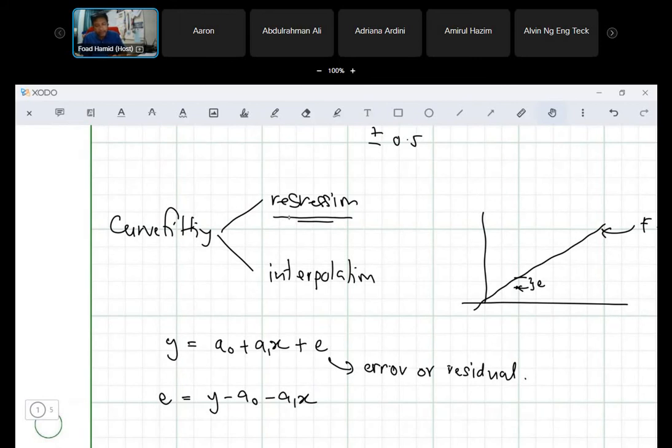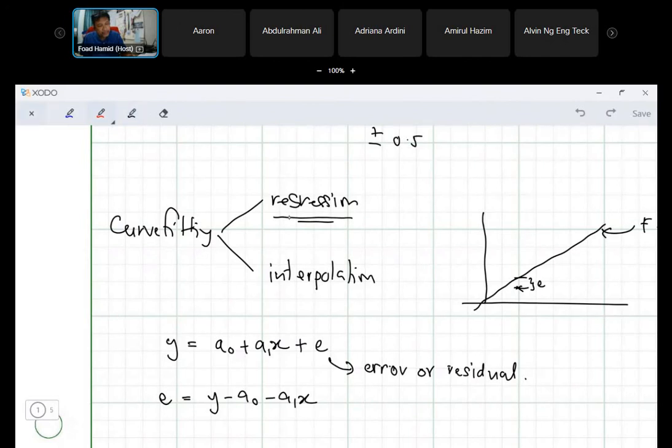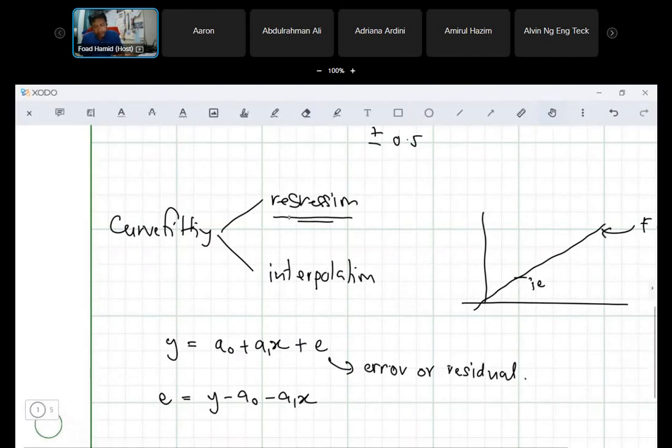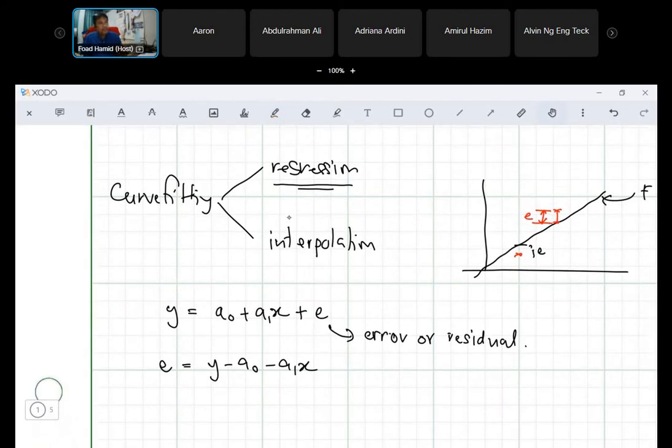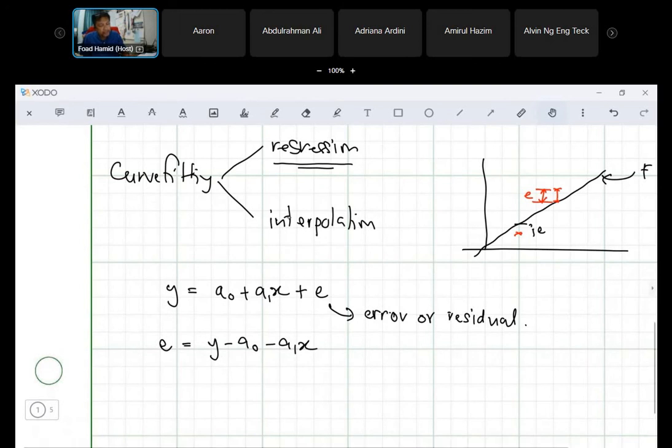Or maybe our other point, okay, let's say this is our first point. Maybe our other point is this. And again, this is our error. So at every point, we have our E, our error. In this case, let's say Ei, at point i here.